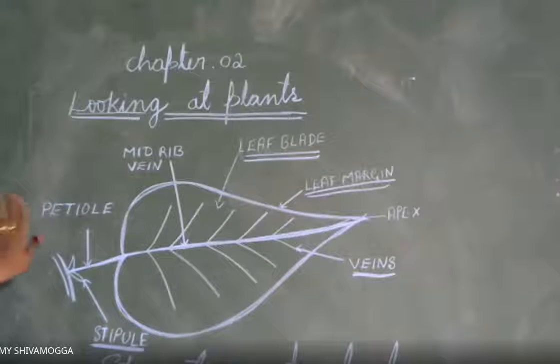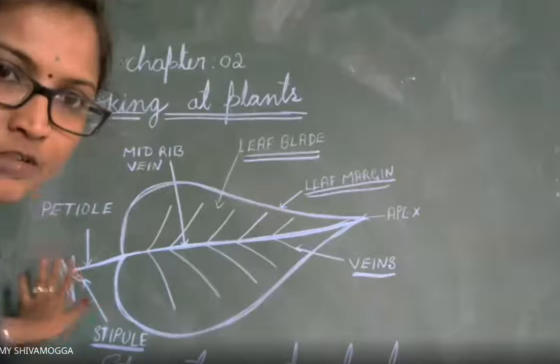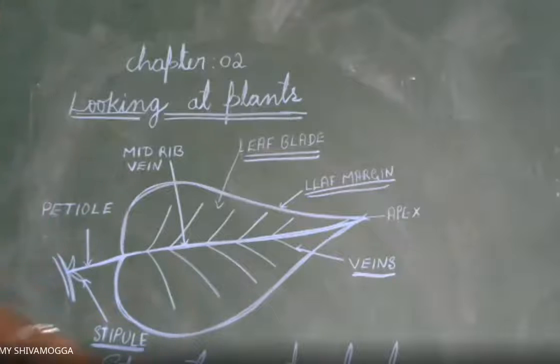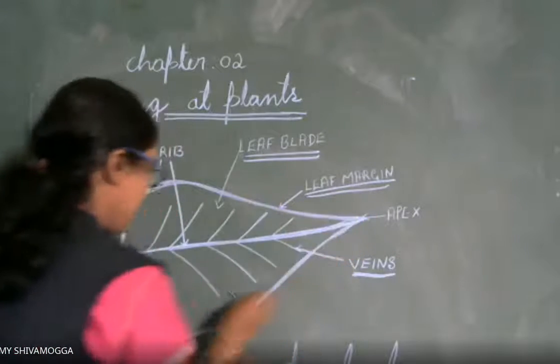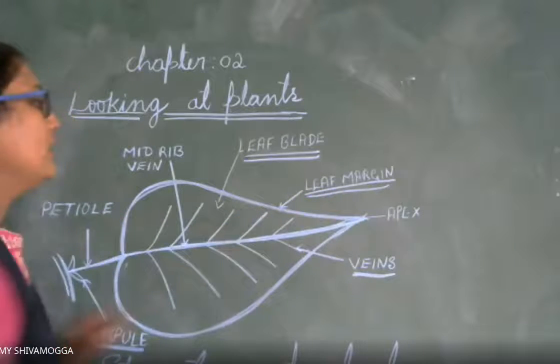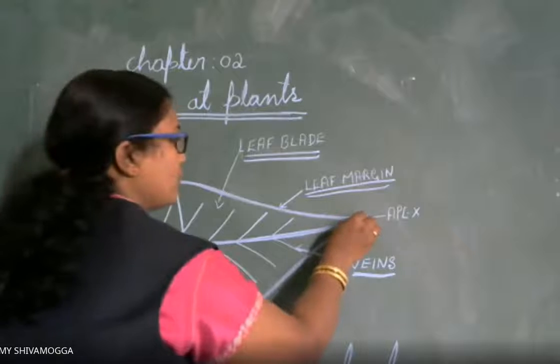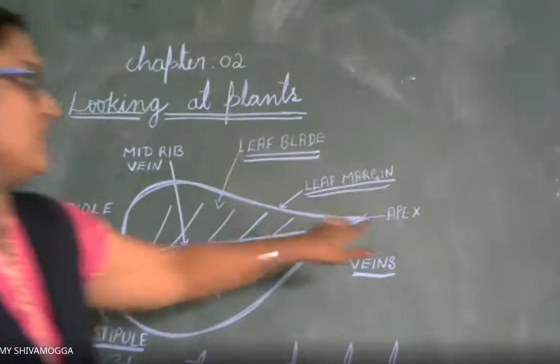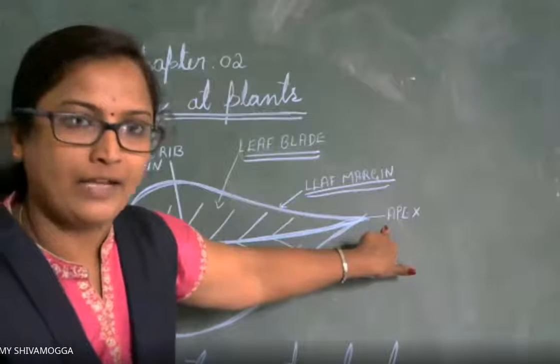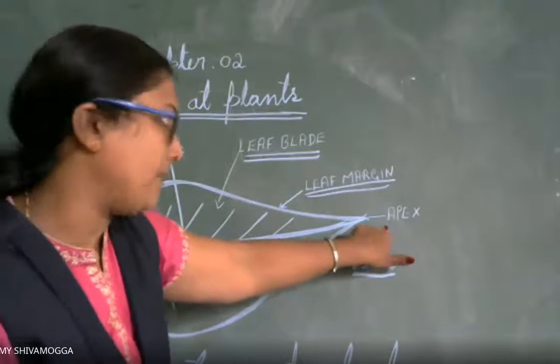Okay. This is the structure of a leaf. The outer line of a leaf is called leaf margin. The point of a leaf is called apex, A-P-E-X.